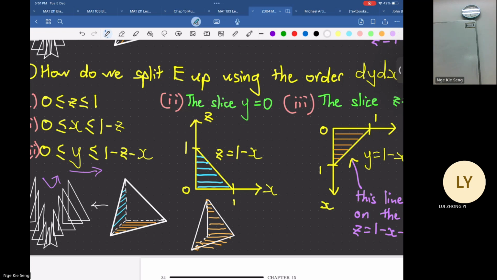So help me again. So let's imagine this. This one I got the ZX plane at the back. Can you hold this? You sit here. You hold this. Yeah. This is the ZX plane. Okay. And then what is Y here? Y here is all the lines popping up from this.